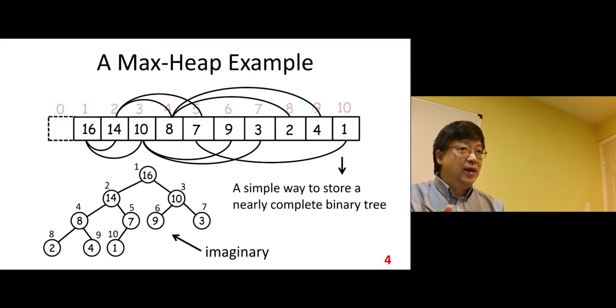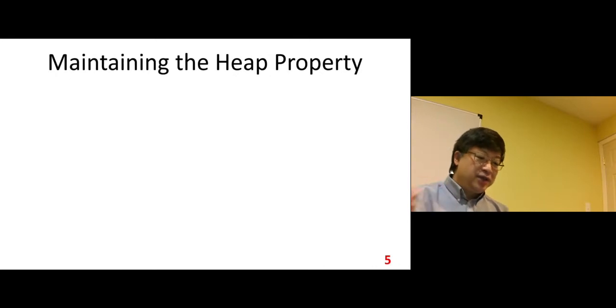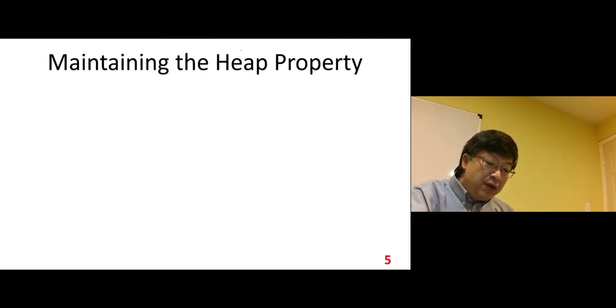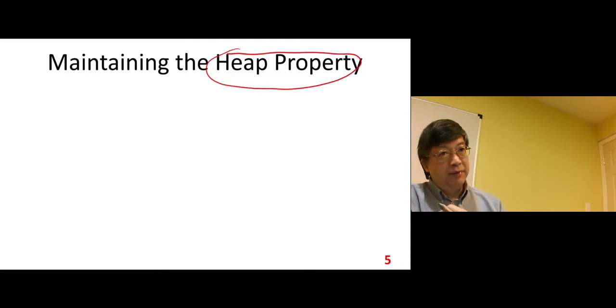All right. So next, now let's look at how we handle the dynamic data processing. So when the data comes in dynamically, then sometimes the heap property could be violated. When the heap property is violated, we need to fix it.